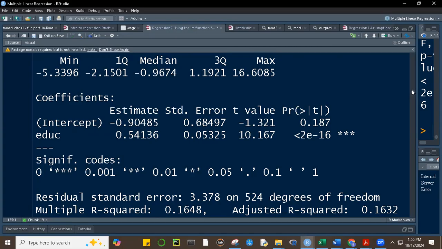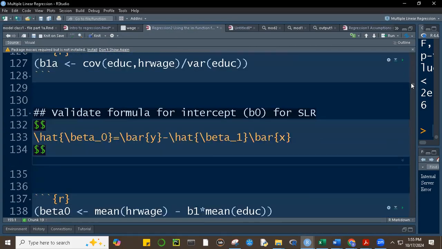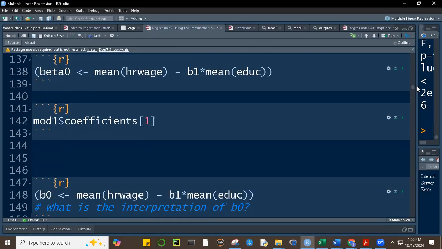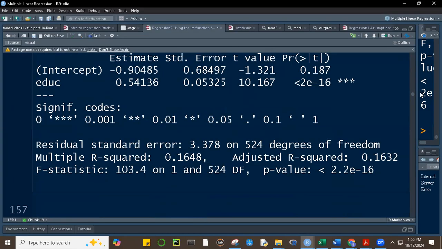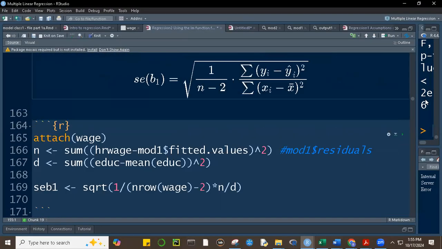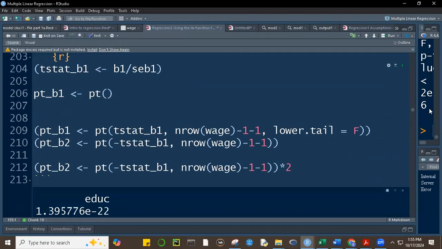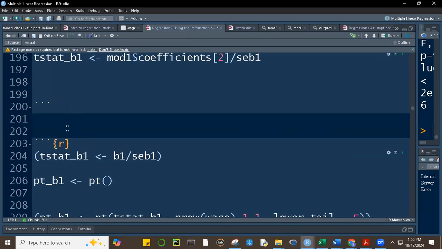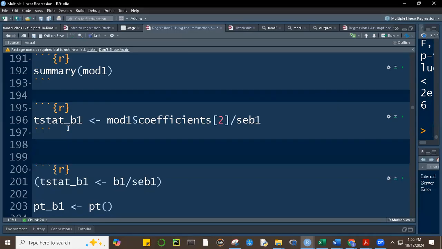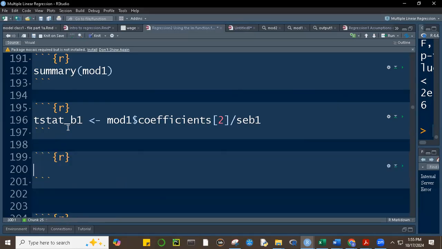However, class, if you recall, earlier we created this object right here. I'll just recreate it. I'm creating this object, output, I'll call it output 1.